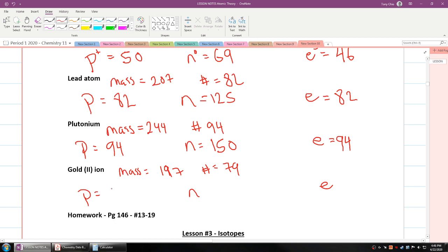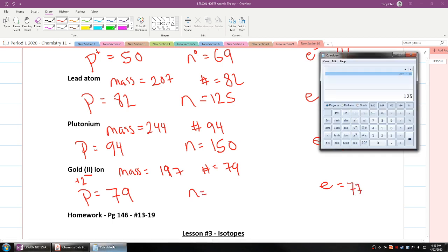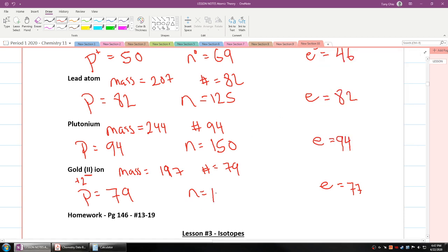So its protons are 79. But let's get electrons. It's gold 2, it has a +2 charge. In this case, that means it lost 2 electrons, so it has 77 electrons. Its neutrons, well, it's 197, take away 79. That gives you a neutron number of 118.